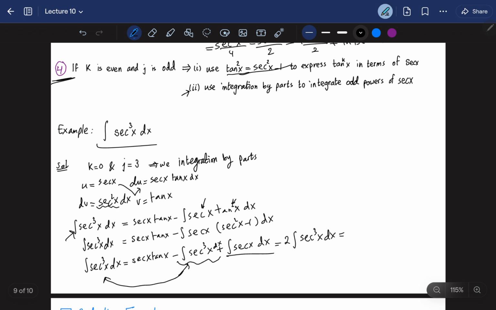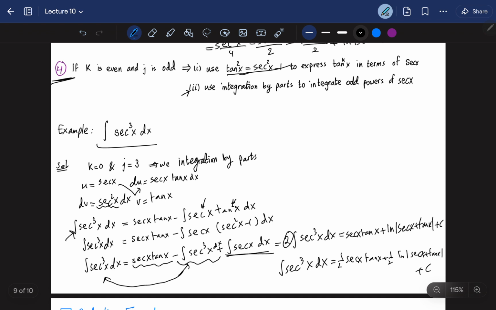And it's going to be equal to something that's already evaluated, secant x tan of x, plus the integral of secant, but we know this is just ln secant plus tan of x plus c. So technically we're almost done. I just have an extra 2 here, so I need to divide it all the way. So now the integral of secant cubed dx is just 1/2 secant tan plus 1/2 ln secant plus tan plus c.